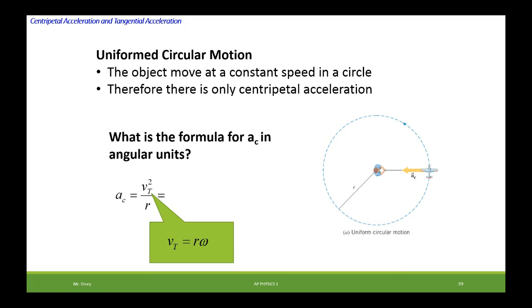Well, we know that velocity tangential is r omega. So, we can replace velocity tangential squared with r omega squared. And as you can see, when the r's cancel out, we're just left with r omega squared. So we have the centripetal acceleration in angular notation.